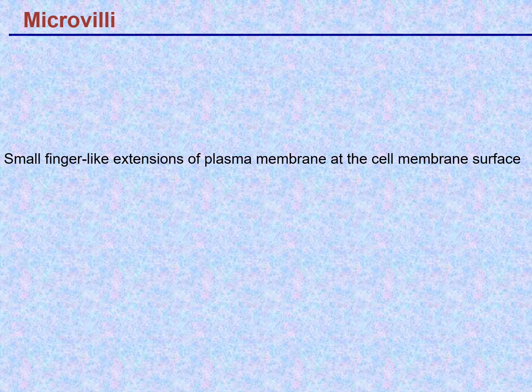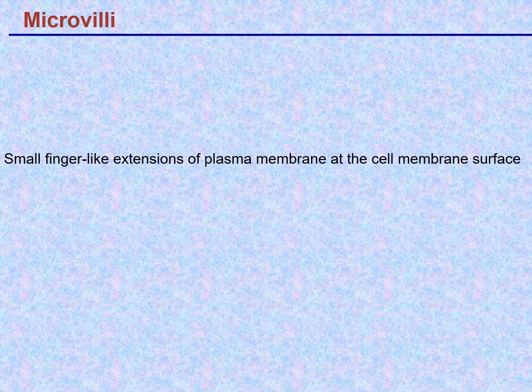And microvilli are not found on every type of cell. Microvilli are particularly important in cells that need a large surface area because they're involved in absorption, and so the bigger the membrane surface area, the better they can absorb.